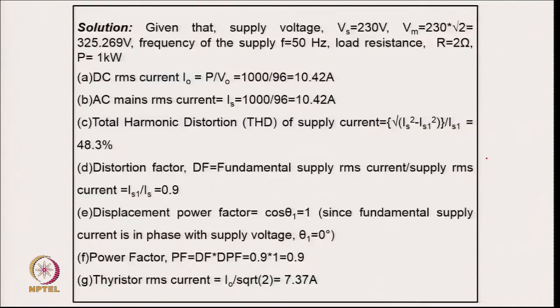So this is the type of current you are drawing. Taking all the data, we get the DC side current, then the AC side RMS current from that, and we can find the total harmonic distortion and the distortion factor. The displacement factor comes to 1 because you are not able to control, the power factor is 1, and the thyristor current is this many amperes.